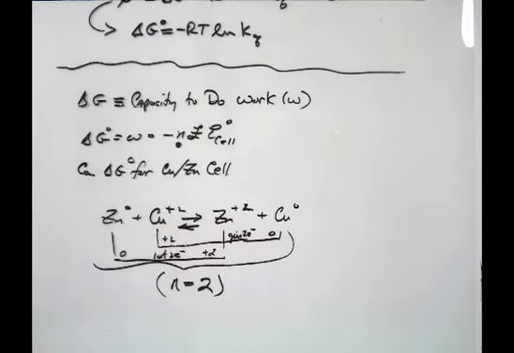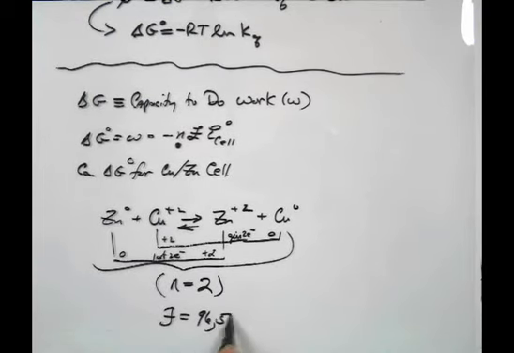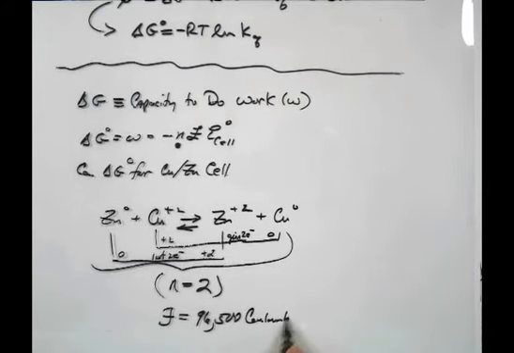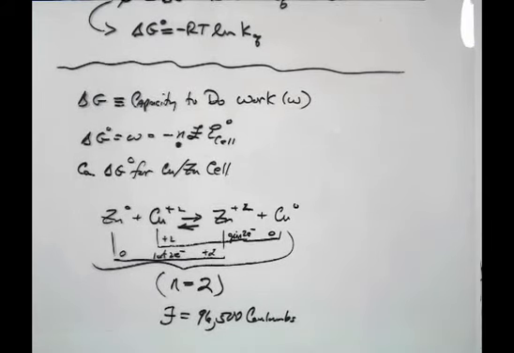F is your Faraday constant, and it is 96,500 coulombs. And trust me on this one.